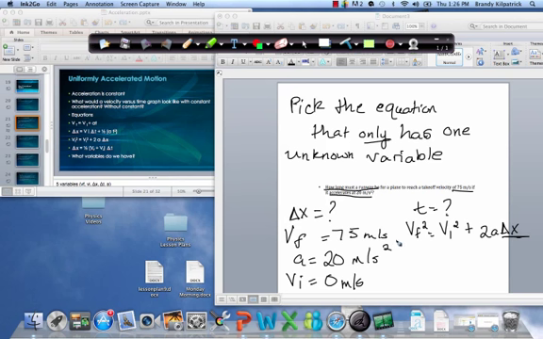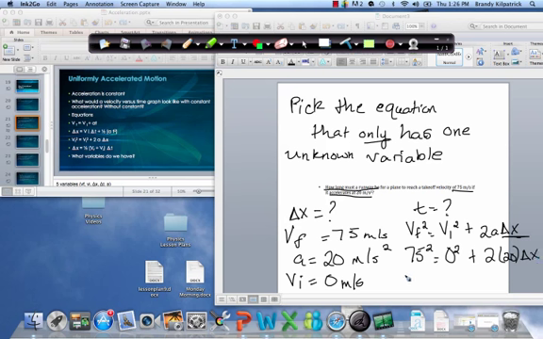So now I only have one unknown variable, which is delta x. Everything else I have, so now I can just plug everything into the equation. So VF is 75. I'm going to square that. VI is 0. I'm going to square that as well. My acceleration is 20. And my delta x is unknown.